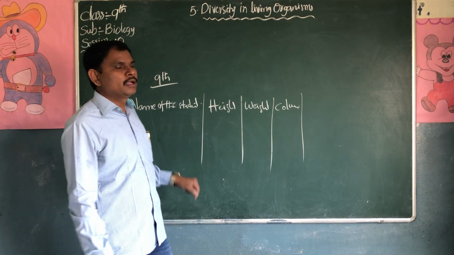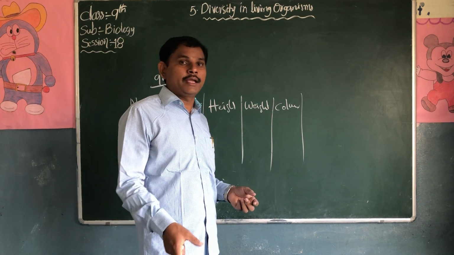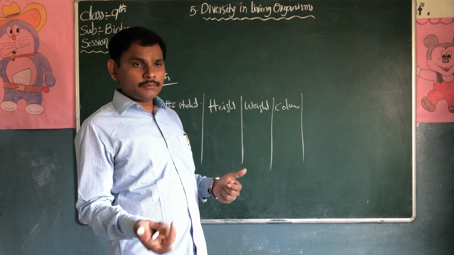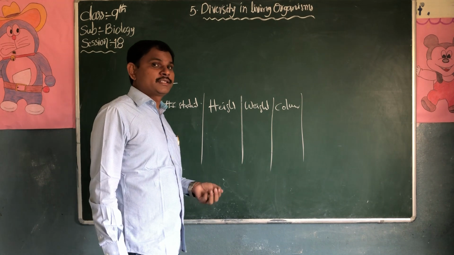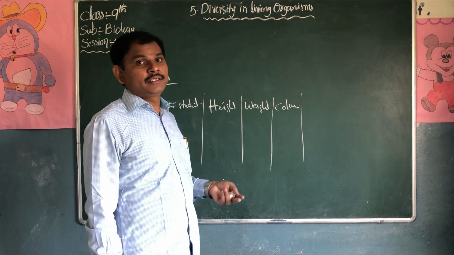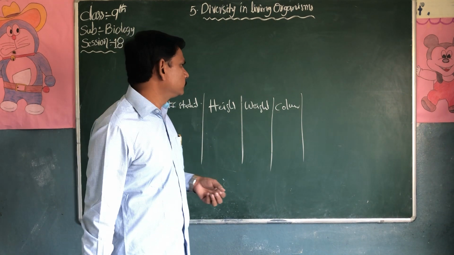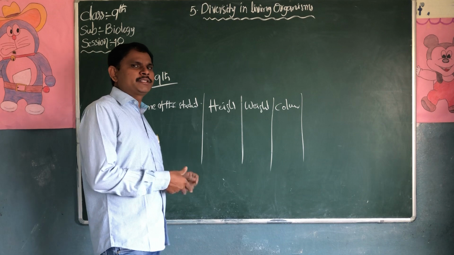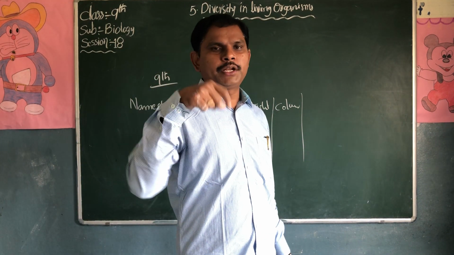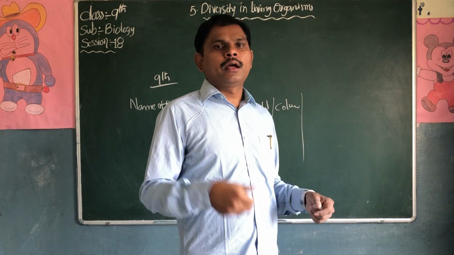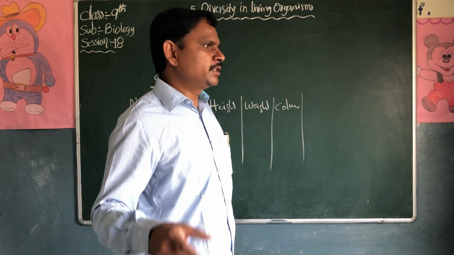Color may be different: some are black, white, dark. Weights differ: some students are 30 kg, 40 kg, some are very slim. Thumb impression is always different from one student to another. We cannot match our thumb impression with anyone in the universe, not even in our class.